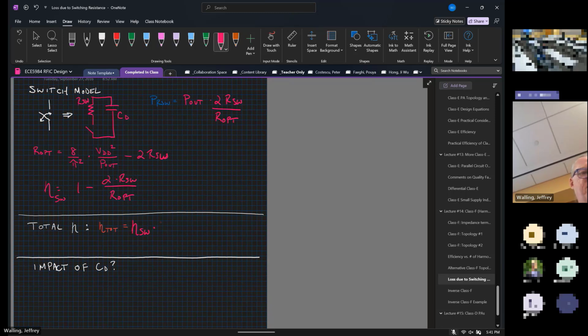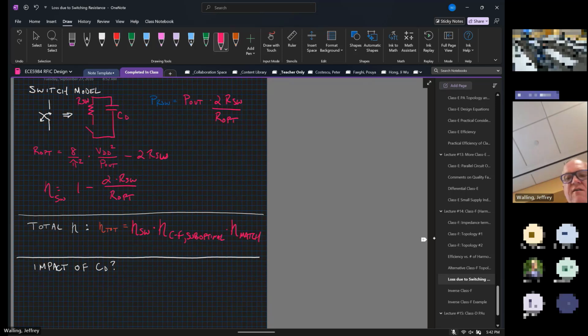We might have our suboptimal class F waveforms. So in other words, we only terminate a few of the different harmonics, so we have a factor in there for that. We have our matching network losses. So our total efficiency ends up being a product of all of these losses.